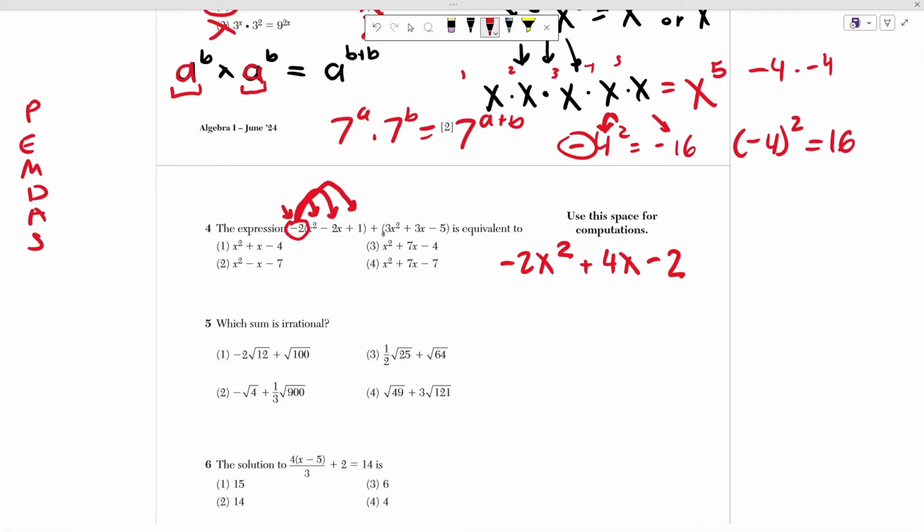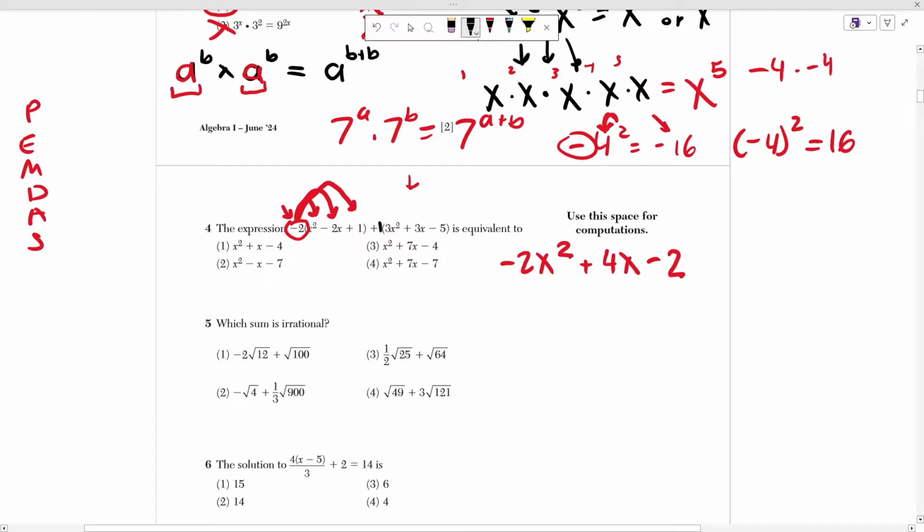Now, you might be saying, well, there's no outside number for this, so how do we break away these parentheses? Well, actually, there is an invisible 1, okay? Anything times 1 is itself, so it could be imaginary, right? It is an imaginary 1 in front of there. So all you have to do is just break away these parentheses because you don't have anything in front of them, right?